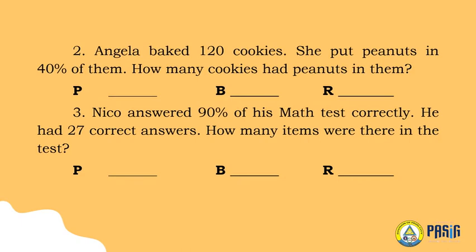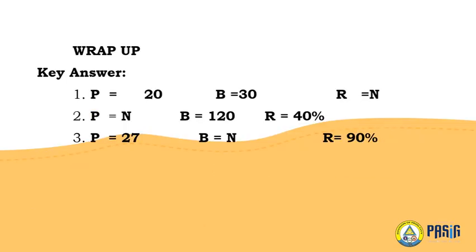Nico answered 90% of his math test correctly. He had 27 correct answers. How many items were there in the test? P blank, B blank, R blank. And here are the answers.